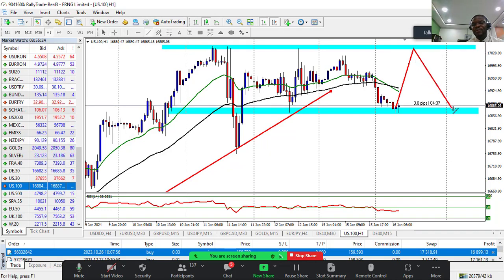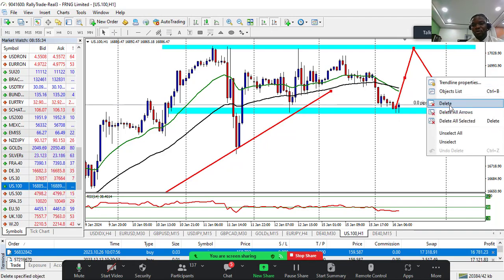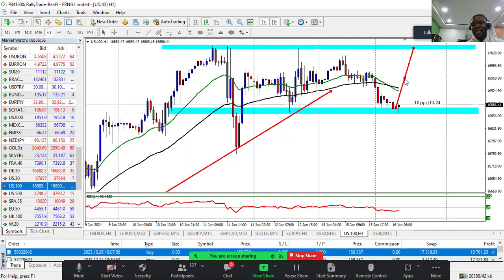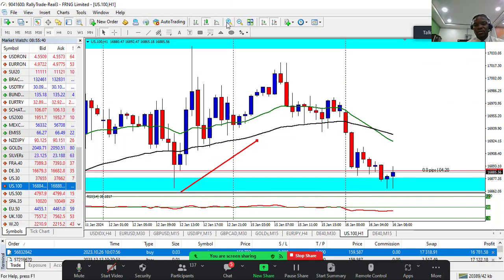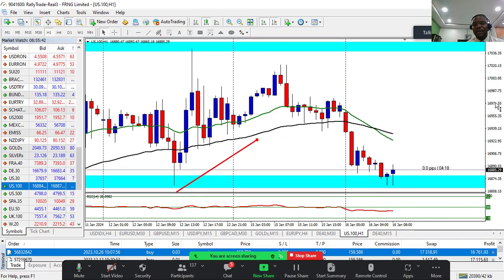But guess what? This is just hand drawing, it may not really look like this when it starts moving. Now that I've been able to paint for you that we're actually inside the range, let's zoom into the area so that we understand it better, okay?